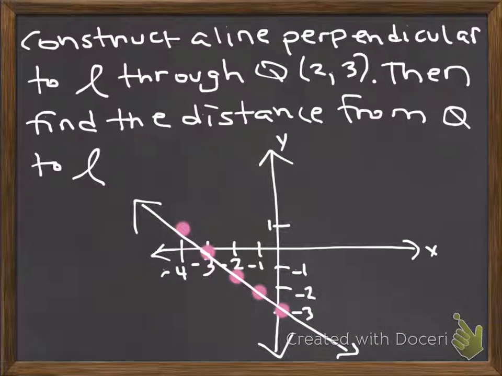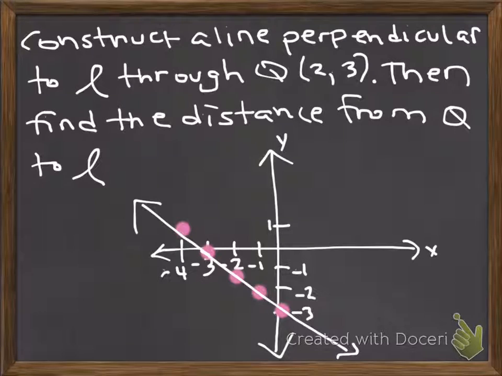And now we're going to do one more where we have to find the distance between the point and the line. And this is another set of 4 steps that you should follow in this lesson, and also write them down for your notes. Since they don't give us an equation for line L, we need to find the equation for line L. So we need to find 2 points on it, which would be (0, negative 3) and (negative 1, negative 2).